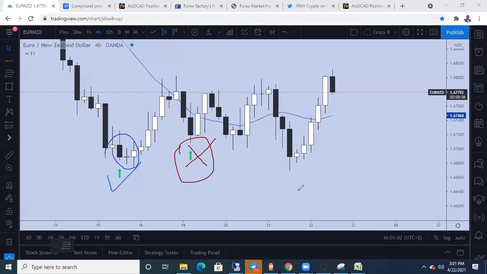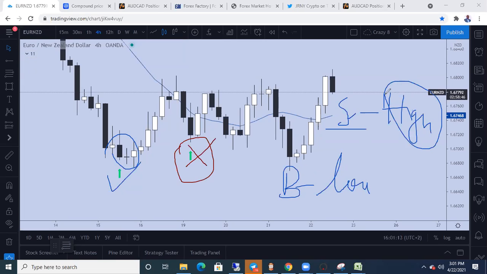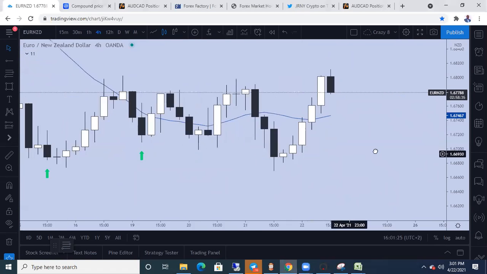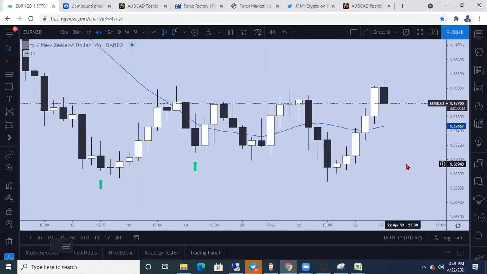This is lower, and the rule is simple: buy low, sell high. For a sell H4PC, look for the highest one, if they're in close proximity. For a H4 bullish PC, look for the lowest one if they're in close proximity, right? You just save yourself a lot of trouble, even though we know with the asymmetric compounding, we could still be profitable, but you still want to reduce the length of time you spend in drawdown, right?